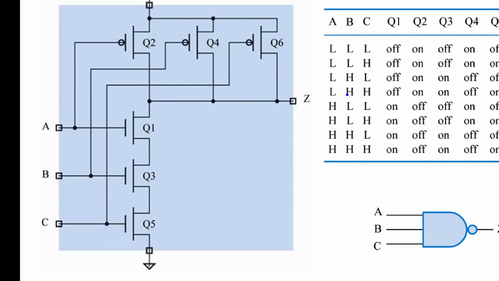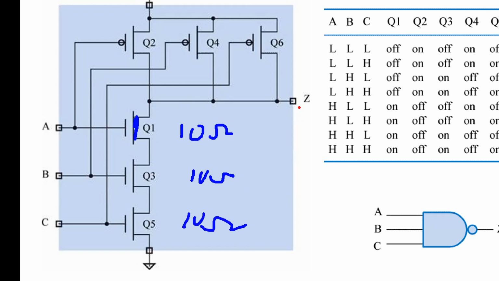But what happens in practice, if this has some internal resistance? For example, when this transistor turns on, assume the resistance is around 10 ohm.